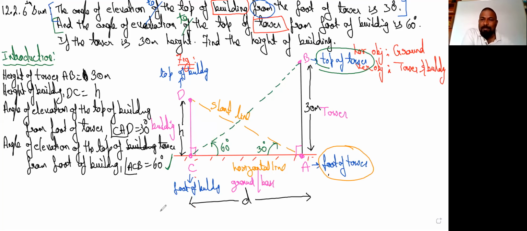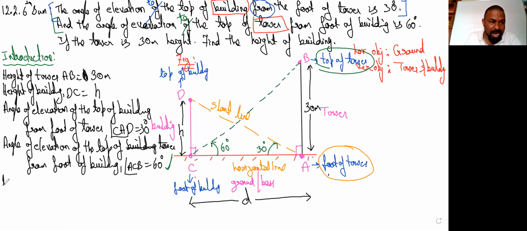Shall I call it the distance between the foot of the building and the foot of the tower? Yes, sir. So let us take it as D. Why? Because AC is the side which is present in both the triangles. As AC is the side present in both the right angle triangles, I like to mention that as the second variable, the connecting variable.